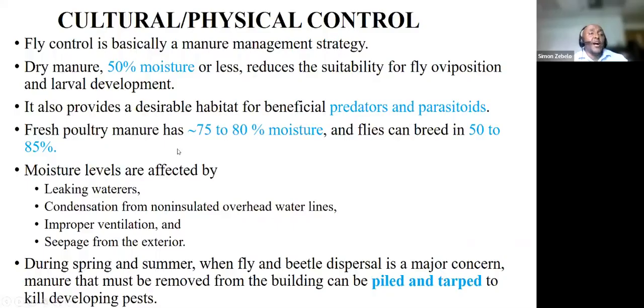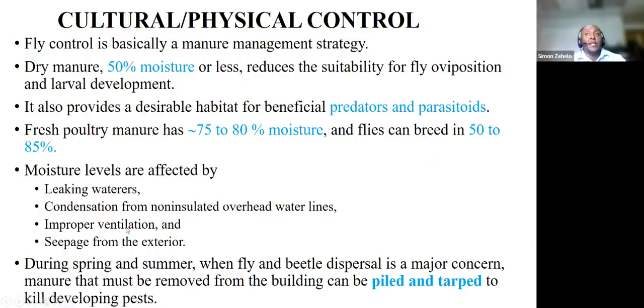Fresh poultry manure has approximately 75 to 80% moisture, and flies can breed in 50 to 80% moisture. So that moisture level has to be really avoided in order to reduce the fly population. Moisture levels are affected by leaking waters, condensation from non-insulated overhead water lines, and improper ventilation.